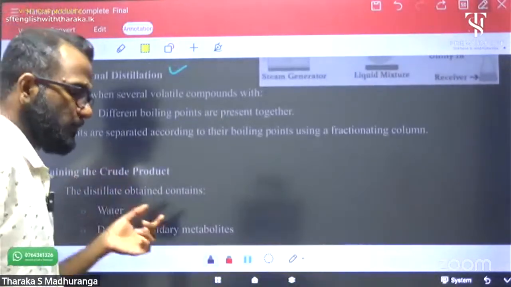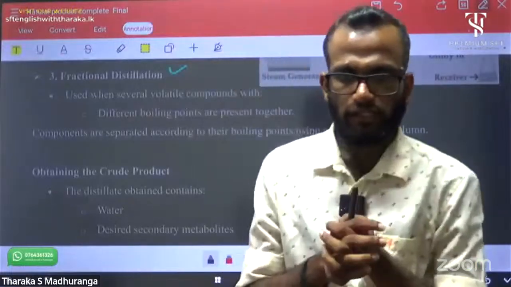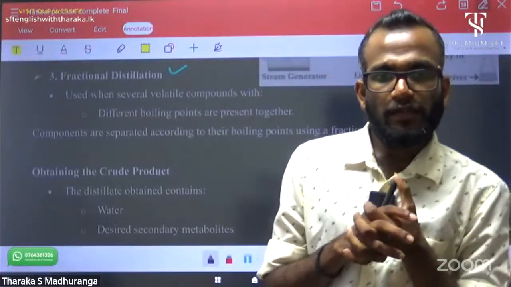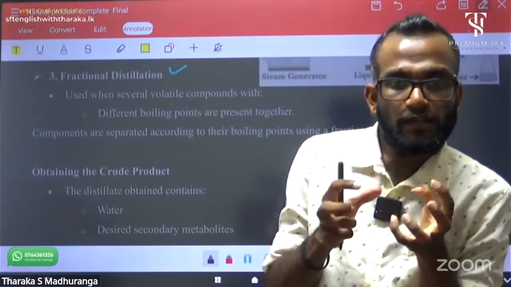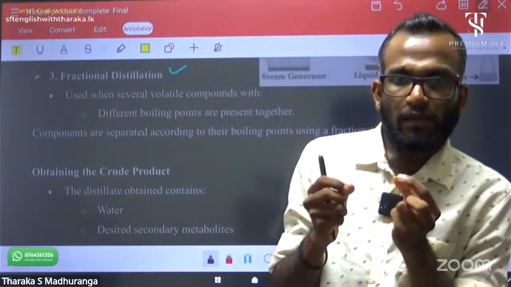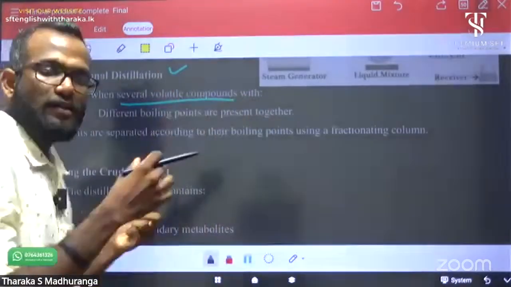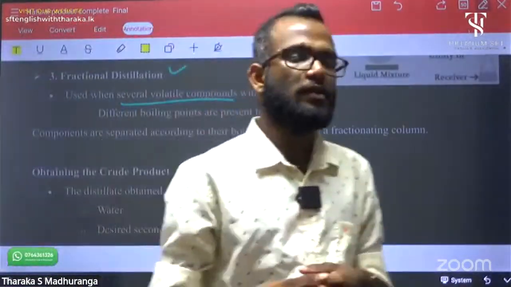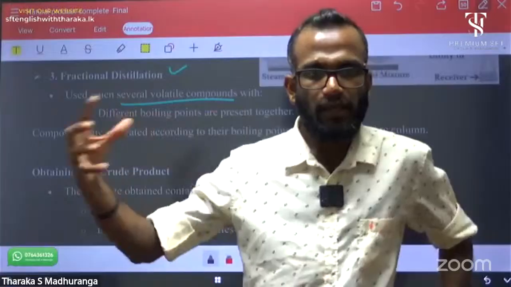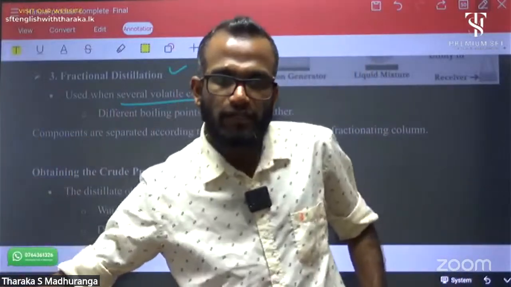Finally, fractional distillation. Actually, this fractional distillation we can use to separate several volatile compounds. Do you know what is a common usage of fractional distillation?